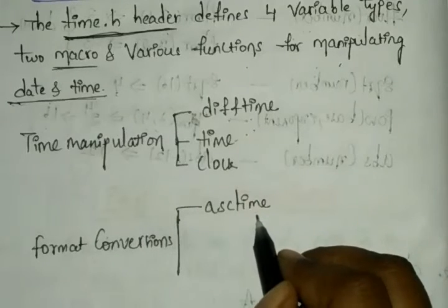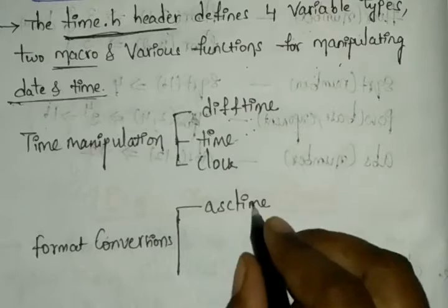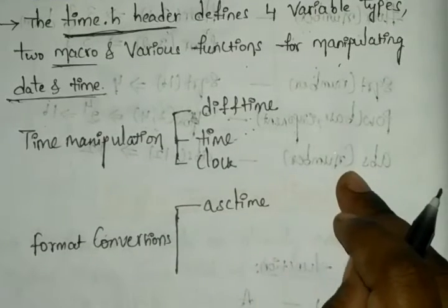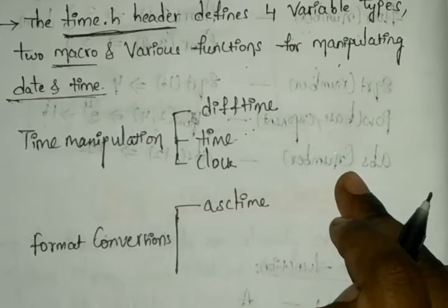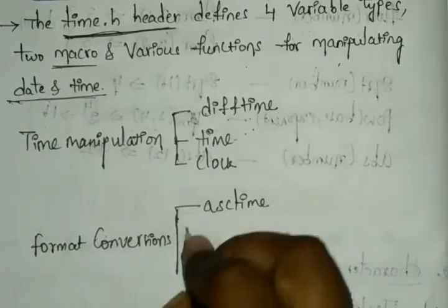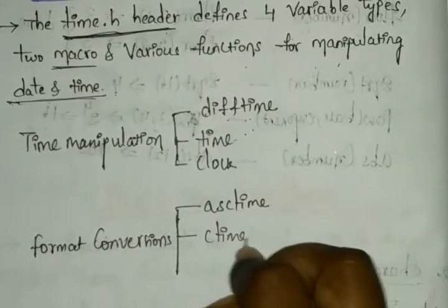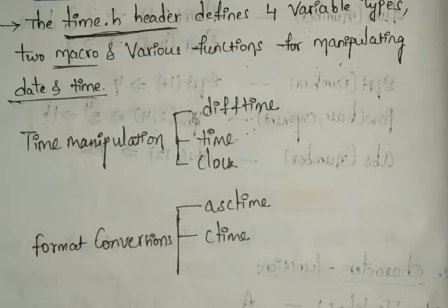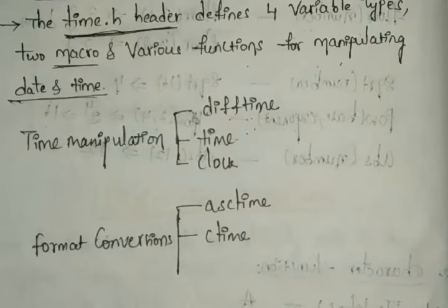It takes the structured type and displays it in text format. Next we have ctime. It converts the time_t value to a textual representation, same as the previous one. But the previous took a structure, while in this we don't have any structure; it converts into the textual representation only.